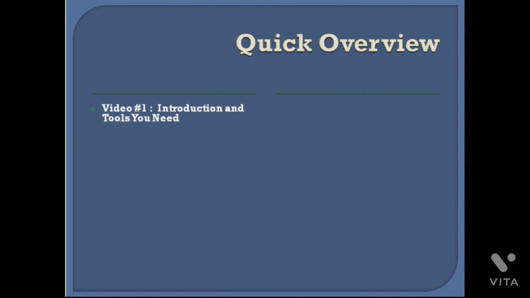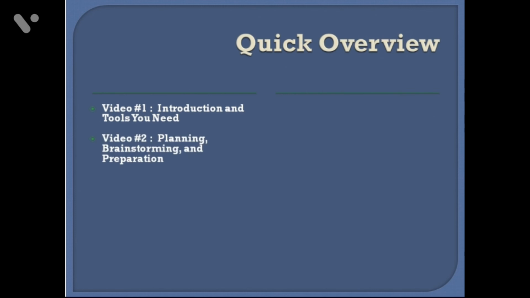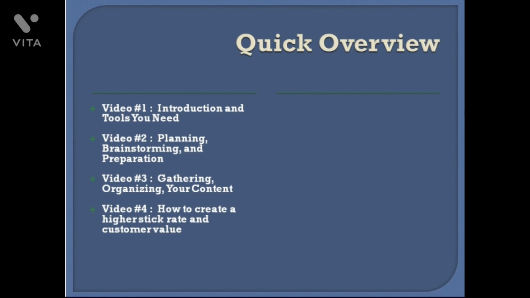Now what I want to do is give you a quick overview. This is video number 1, and video number 2, I'm going to help you plan, brainstorm, and prepare for video number 3, which is where you gather all your content, we organize that content so that it is ready to be uploaded. Video number 4, I'm going to talk about how to create a higher stick rate and customer value.